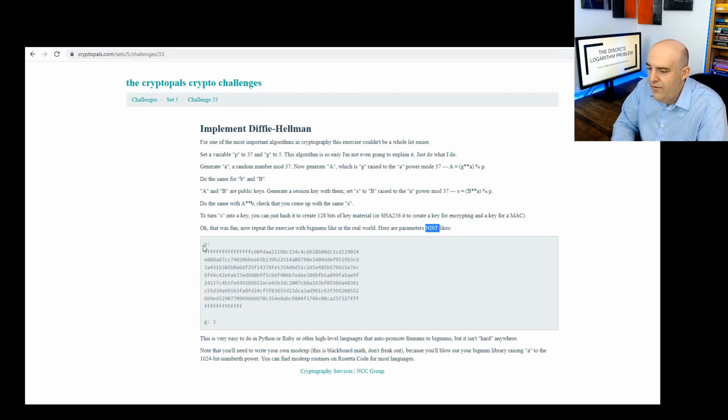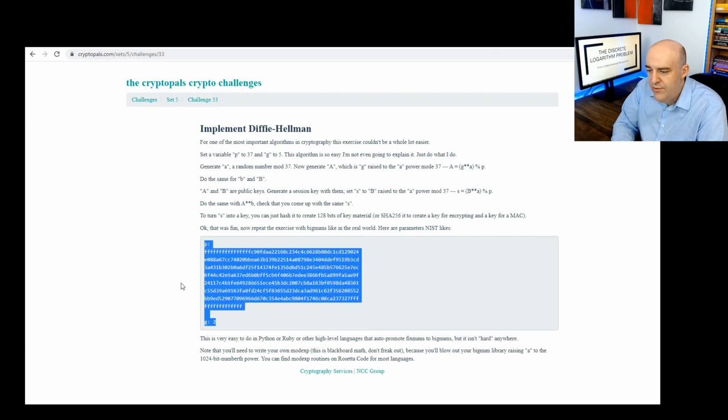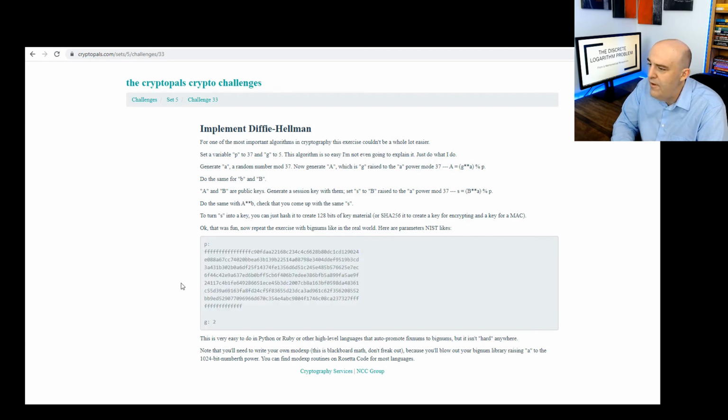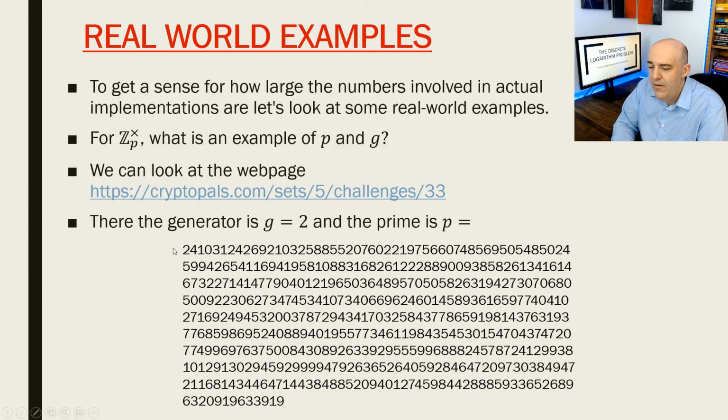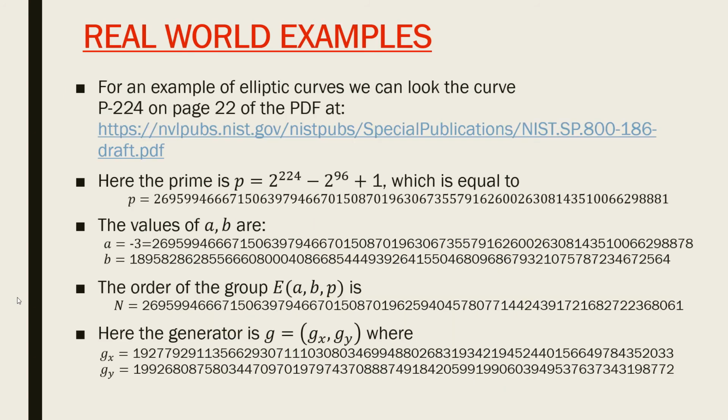So these are two parameters, P and G, which are used in real-world cryptography. And we see how large this prime is. This prime is in hex right now. If we change it to base 10, this is the prime. So we see how extremely large a prime is used in real-world applications of ZP cross.